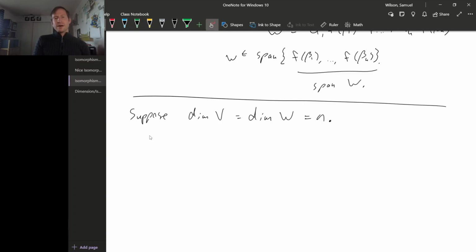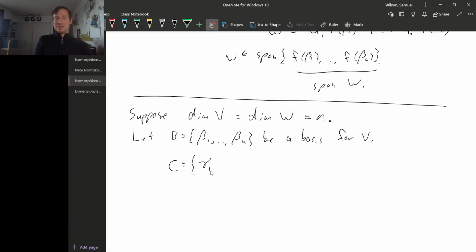Well, like we did before, let's choose a basis for V. So we'll call that beta 1 through beta n. So let's let this be a basis for V. And then let's choose a basis for W. We'll call it capital C maybe.